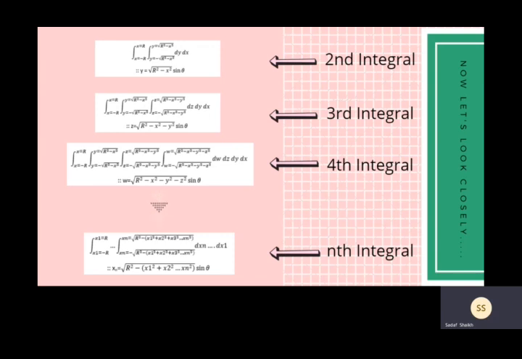So what we have here for you is a pattern that we realized in the process of integrating individual integrals, and the nth integral we realized is this particular equation.